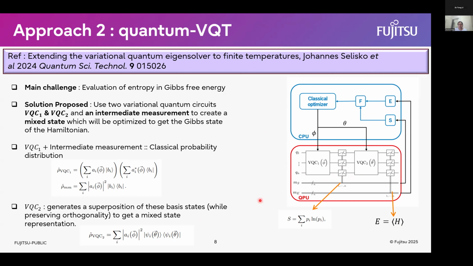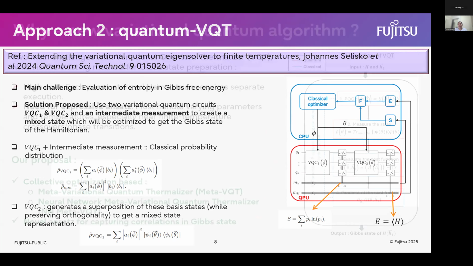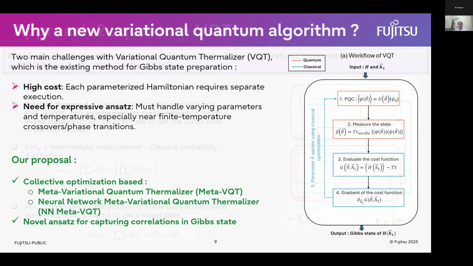Given this, the question comes: what was our motivation to design a new variational quantum algorithm, given there are a lot of techniques in the literature for Gibbs state preparation? The main motivation is this.